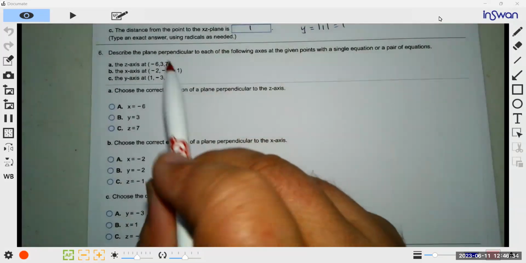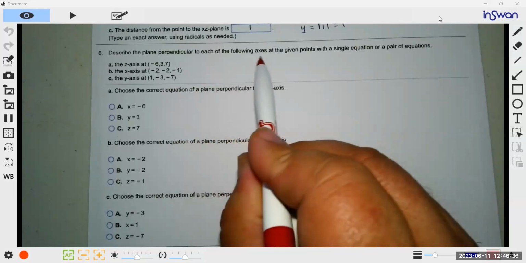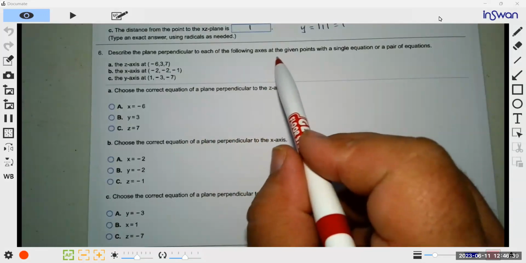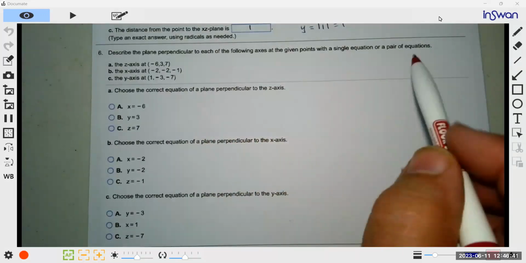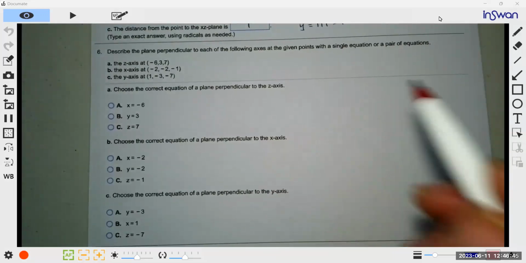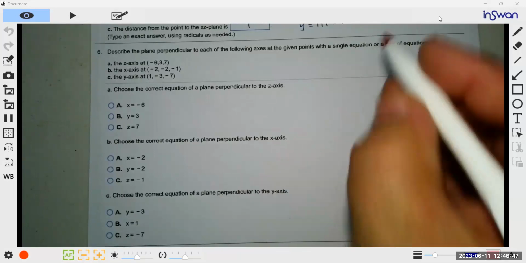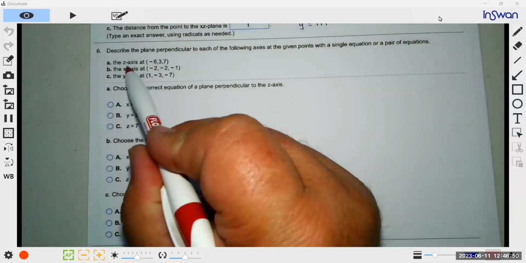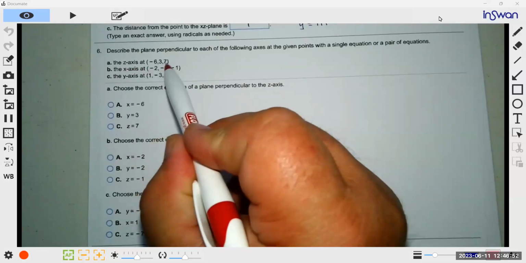Okay, describe the plane perpendicular to each of the following axes at a given point with a single equation or pair of equations. All right, so we're looking at the z-axis at that point.